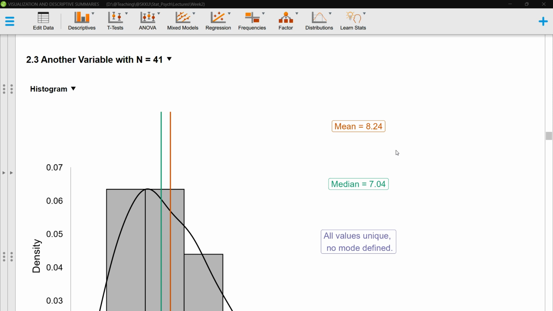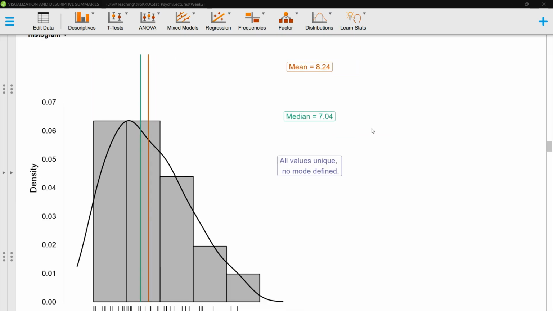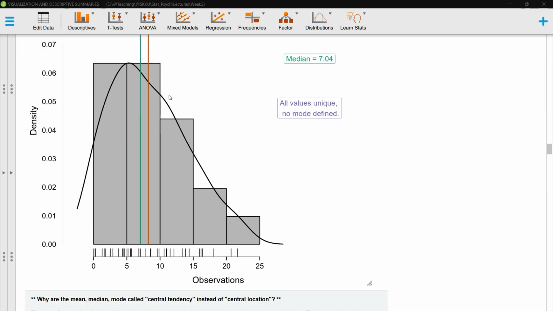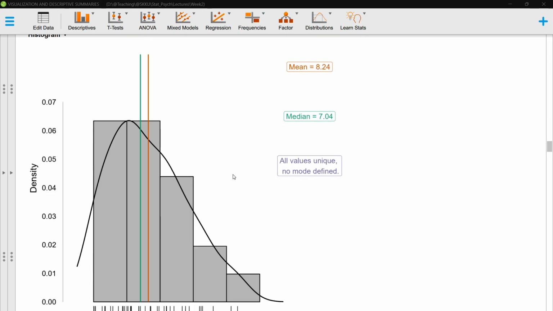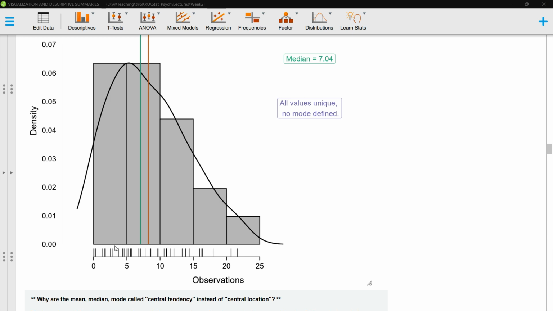Okay, let's go to another example, another variable that is generated by the computer and has 41 observations. So we have 41 observations in this data set. And this is the histogram of the 41 values. So we see the mean and the median of the distribution.